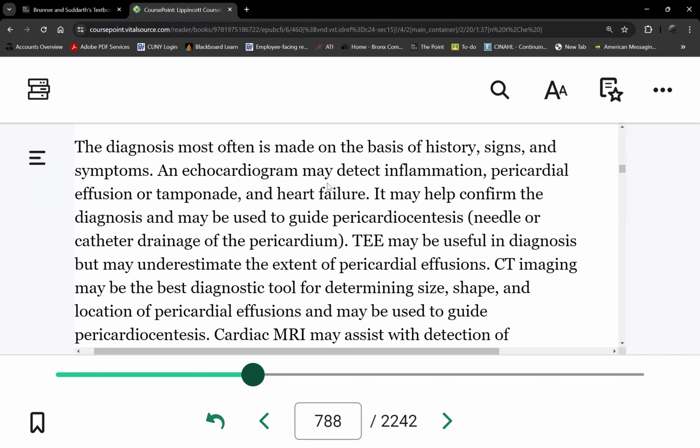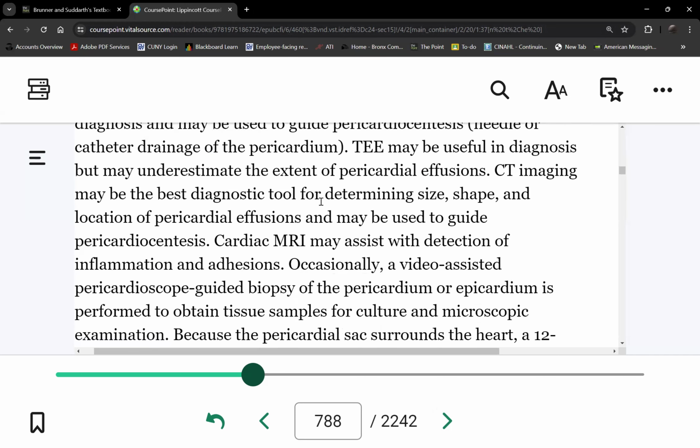Once we have that, we get a definite diagnosis, or a CAT scan, for instance. This is important to see whether or not you're having cardiac tamponade, or it may just be pericardial effusion. The difference is the amount and onset.